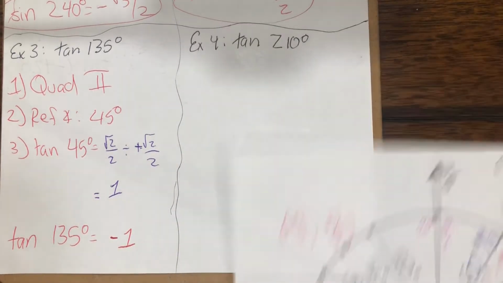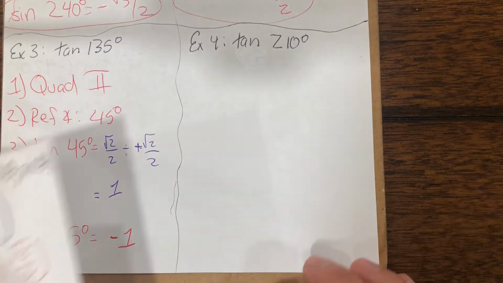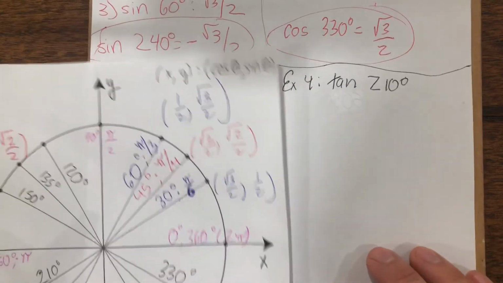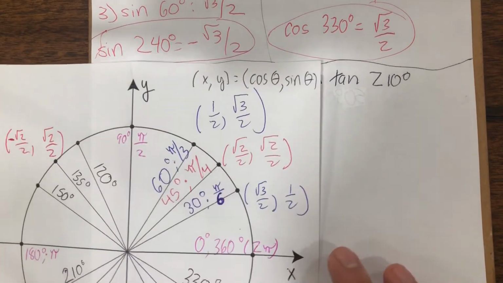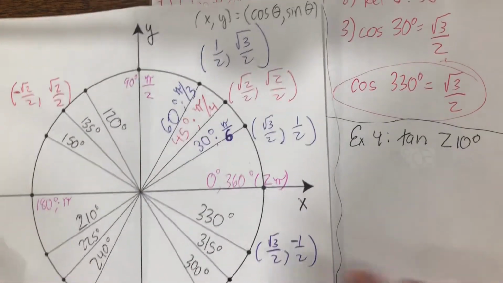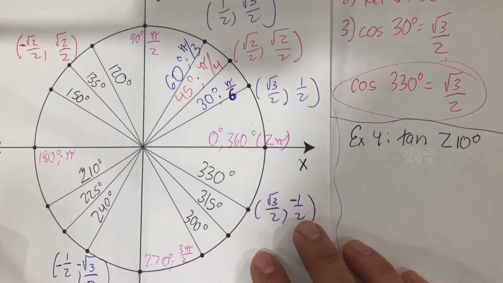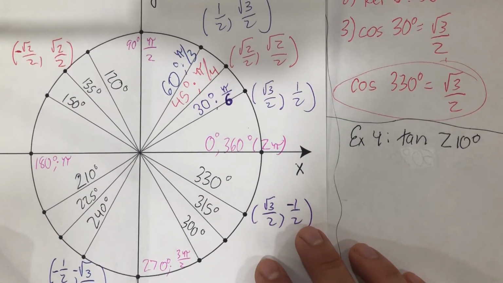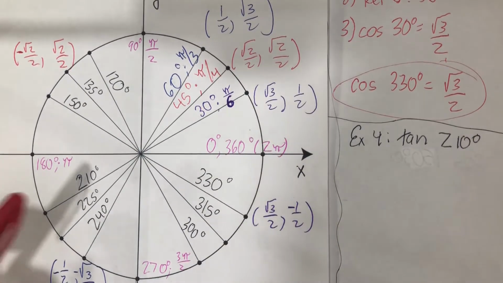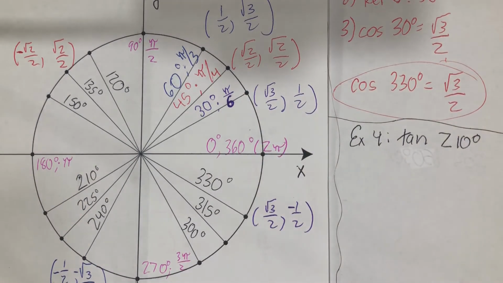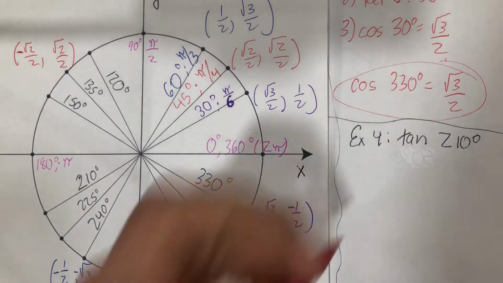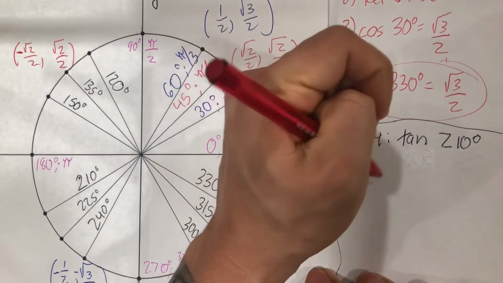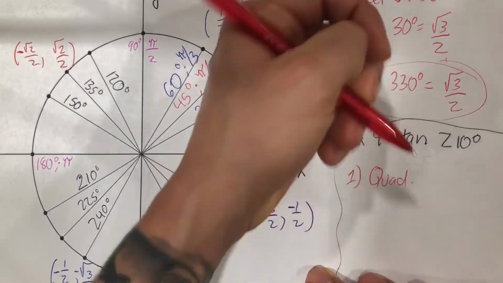All right, so let's take a look at the fourth example where we have tan of 210 degrees. Now 210, we see that 210 is in between 180 and 270, which is in the third quadrant. So for my first part, we're looking at quadrant 3.